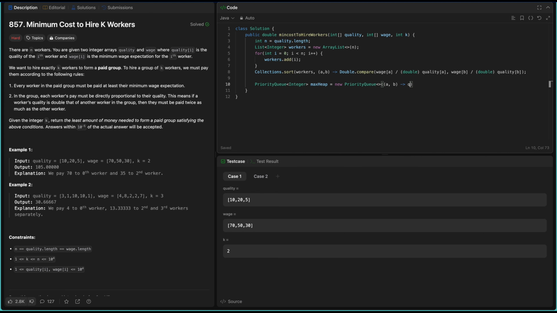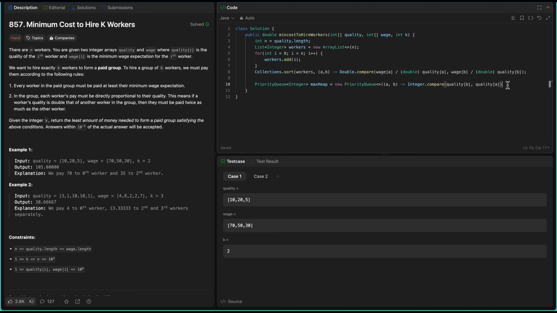So we will again need the quality array, and we can do integer dot compare, similar to what we did for double dot compare. We can use those classes directly, and we can say quality of B and quality of A. So I think this is what we have to do.